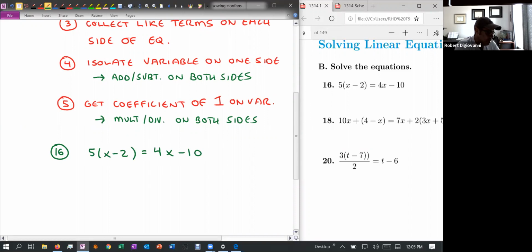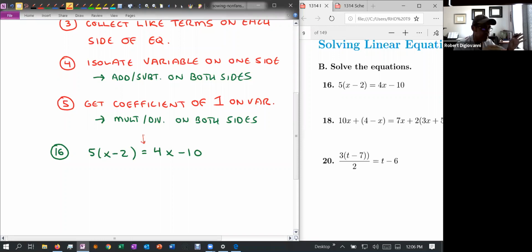Okay, so first step, is this a linear equation in one variable? Do you see an equal sign? Yeah, right. Do you see a variable? You see x. It appears in two different places, but it's just x.